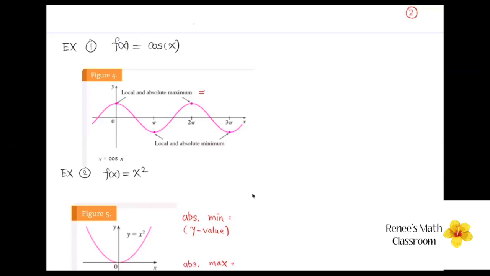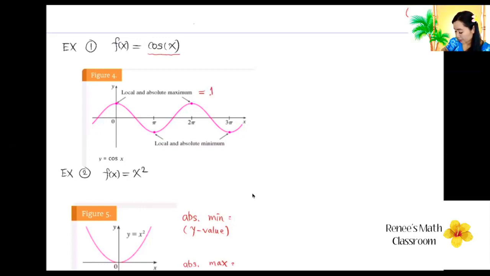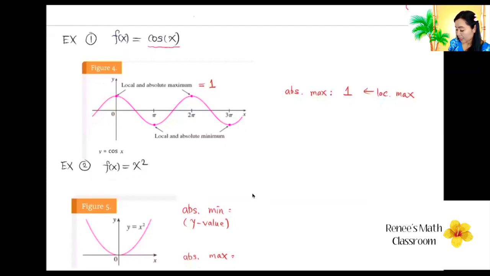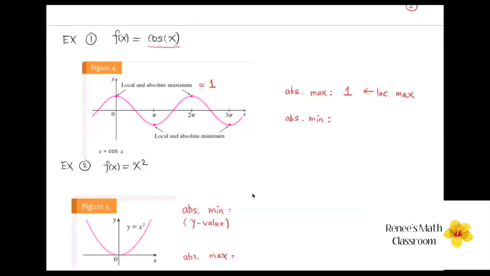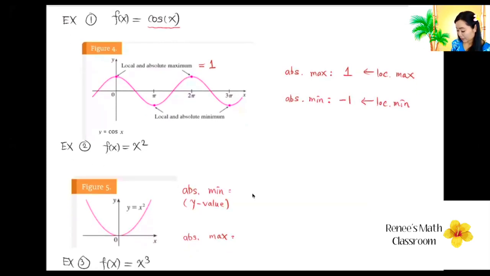This is the function cosine x, right? Cosine of 2π is equal to 1, and cosine of 0 is equal to 1. So the absolute max over here is 1. And it is also a local max because you can have a small neighborhood here, and that's the highest point. What's the absolute min? Negative 1. You got it. So it's negative 1.